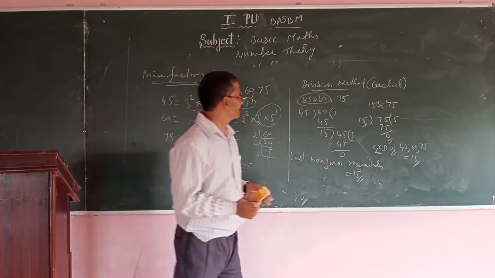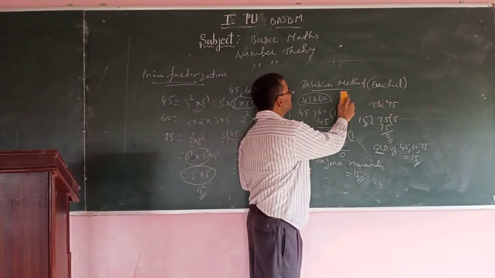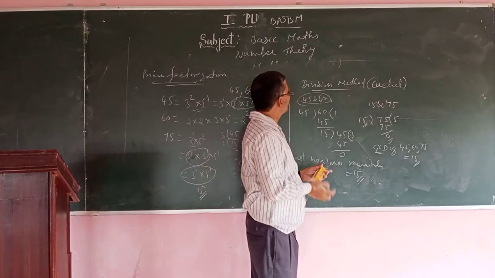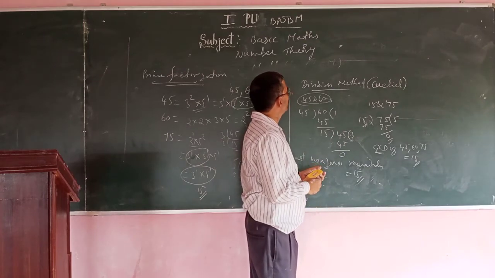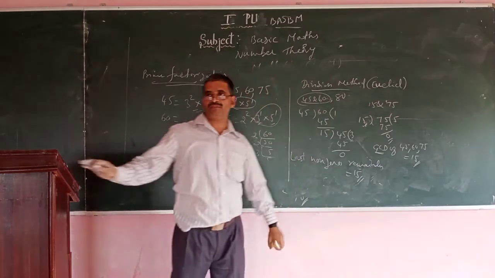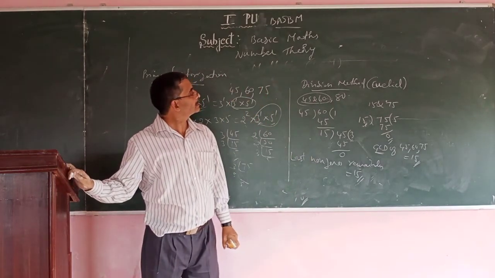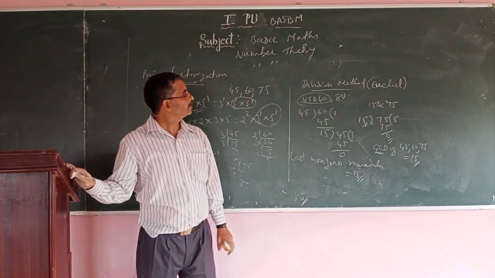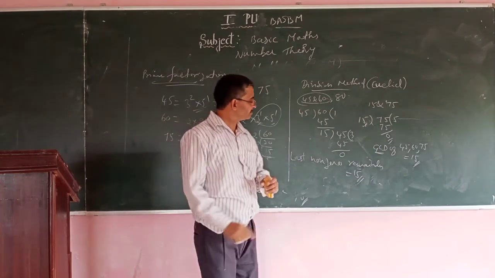Just for change, I will give some other number. Okay, I will give it as say 80. What is the GCD of 45, 60 and 80? So the method's first part is the same.